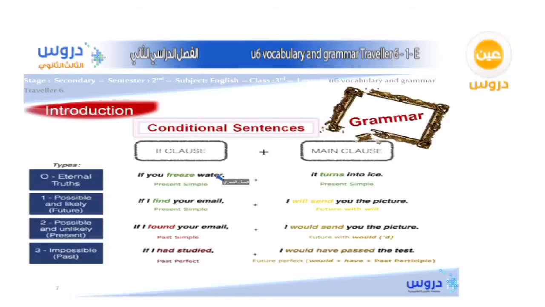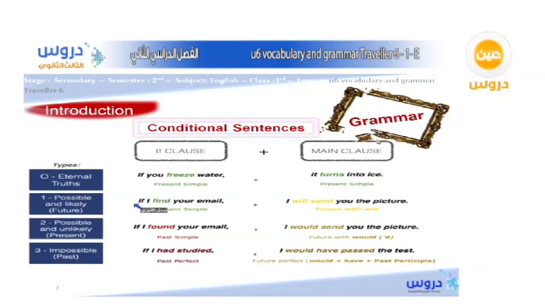If you freeze the water and then what? You stop speaking. We couldn't understand anything. Okay, so the first case is eternal truth, or even something that always happens, like praying 5 times, or going to school, or drinking coffee every morning. You can use the present simple, and the main clause will be a present simple.